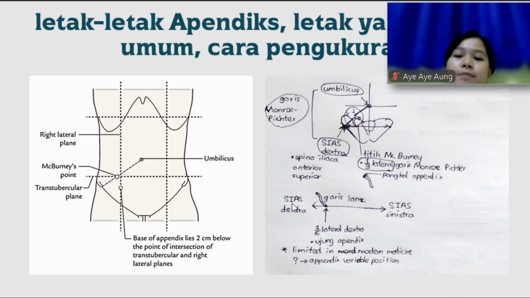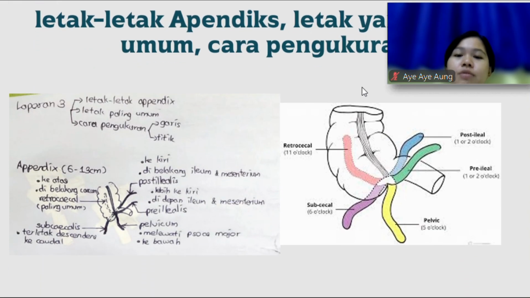And if we look from the Lanz line, which is the line between the SIAS dextra and SIAS sinistra, at about 1/6 of the line, we can find the tip of the appendix, but this is limited in modern medicine because the appendix has variable position, like mentioned here.